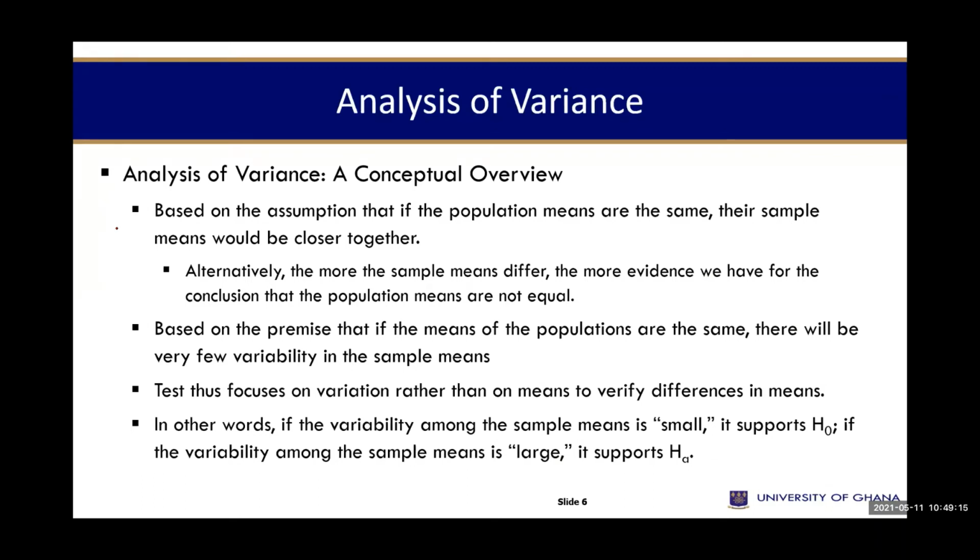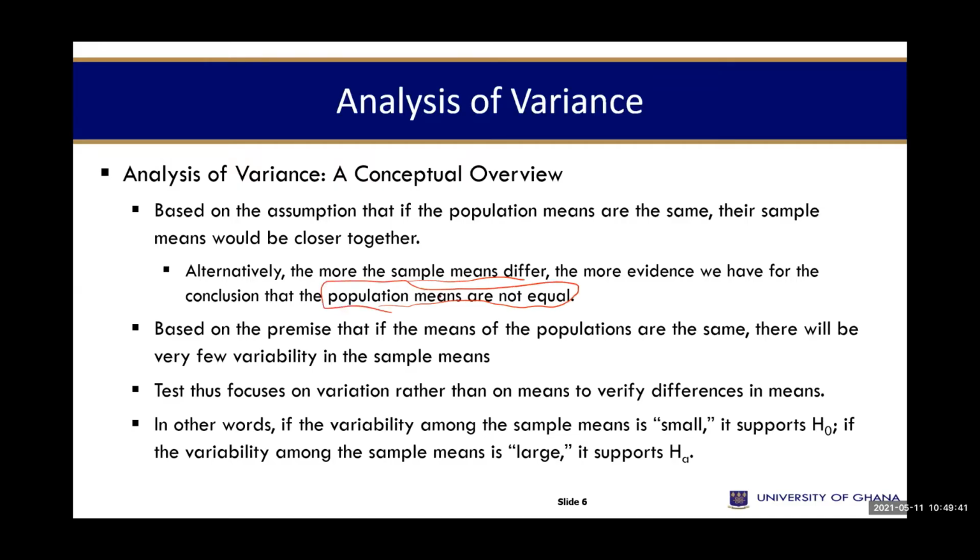Then in terms of conceptual overview, we are saying that if the population means are the same, their sample means would be closer together. That is to say that the more the sample means differ, the more evidence we have for the conclusion that the population means are not equal.